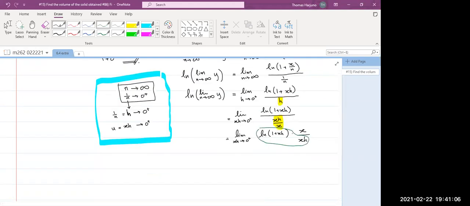But at the same time, I will do a substitution. Call that u: limit as u goes to 0 positive of ln(1 plus u) over u times x. But according to what we learned in number 93, this expression here is equal to 1.